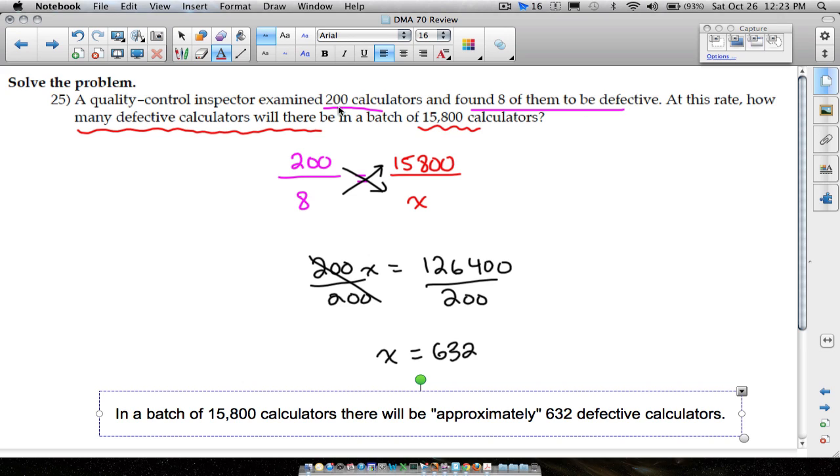But at the rate the inspector saw this, out of 200, 8 of them were messed up. He can expect to have around 632 of them being defective out of a big old batch of 15,800 calculators. But if you left off the word approximately, I'm not going to penalize you for it. But it's probably not going to be exactly 632.